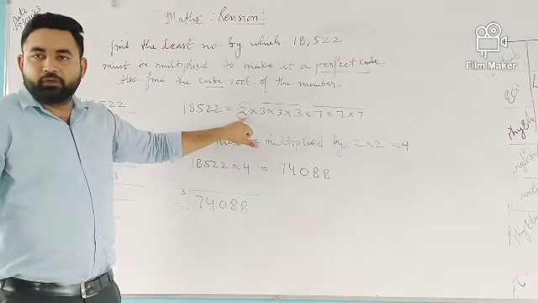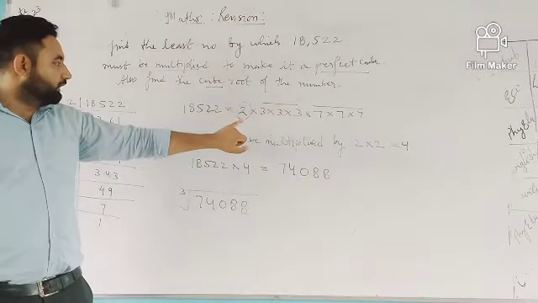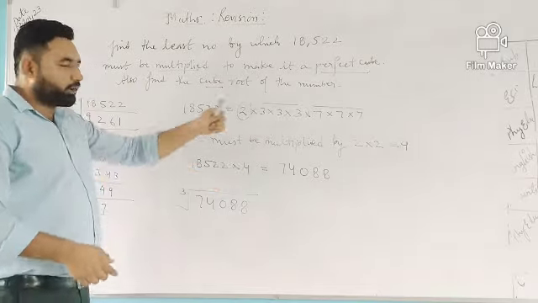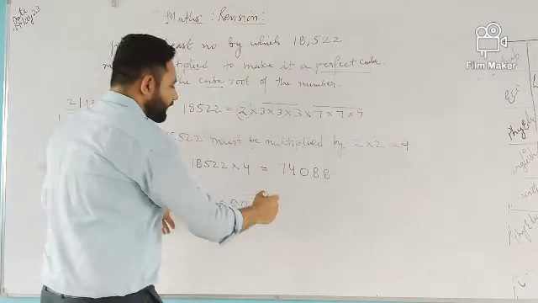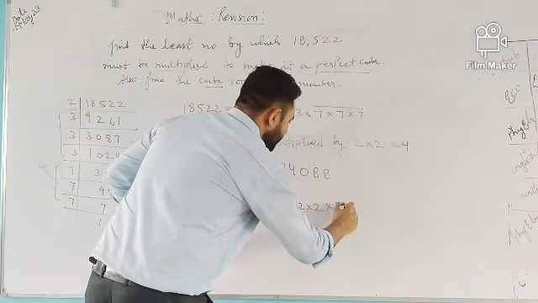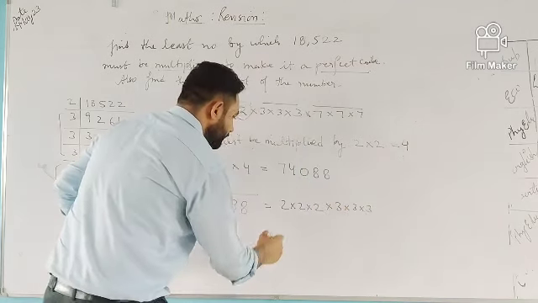So you can see here, as 2 was not forming a triplet before, by multiplying by 2 into 2, that is 4, this number is forming a triplet. So we can write here 2 into 2 into 2, multiplied by 3 into 3 into 3, and multiplied by 7 into 7 into 7.